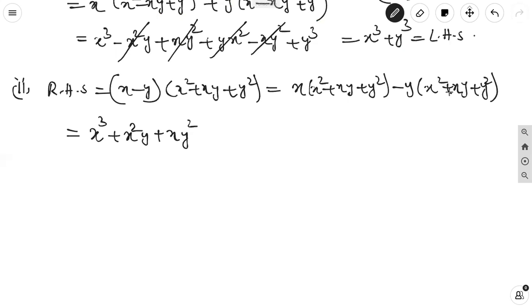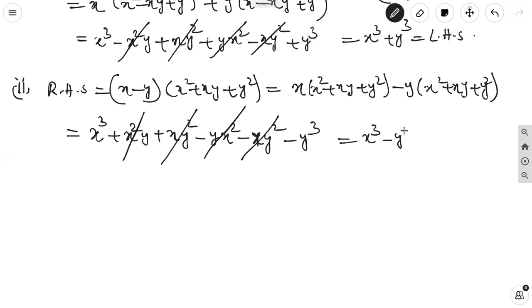Next these are multiplied with negative, meaning all three terms are getting negative: minus yx square minus xy square minus y cube. Same, x square y minus x square y, xy square minus xy square get cancelled, getting x cube minus y cube. This is equal to LHS. Therefore verified.